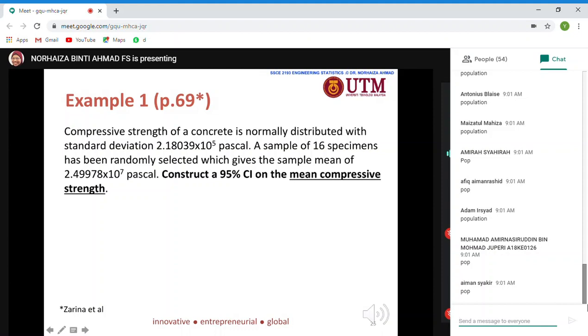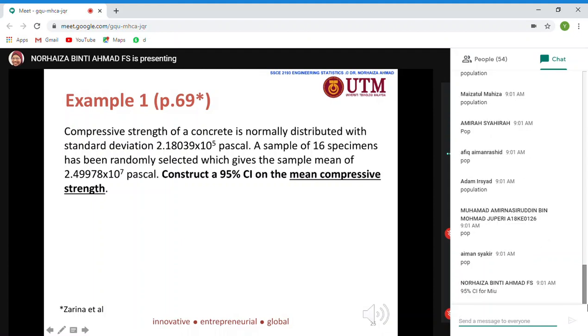So therefore the question wants a confidence interval for mu, the population mean for the mean compressive strength. So the first thing that you need to do is understand what the question wants. In this case, it wants 95% for mu.